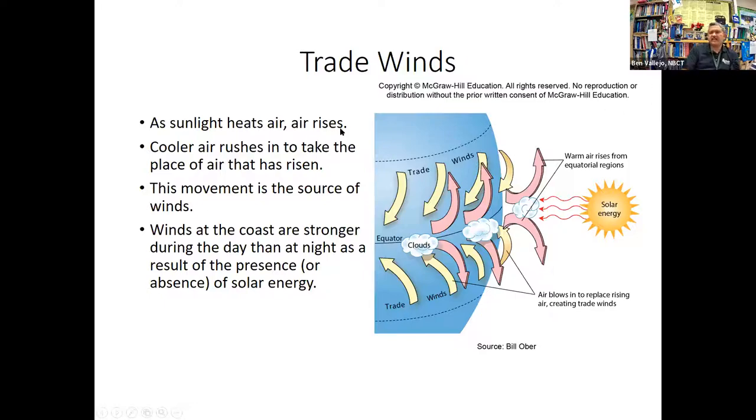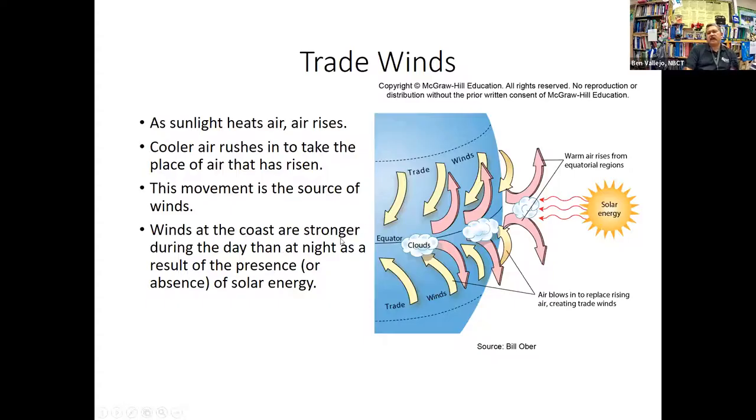As sunlight heats the air, it rises, and the cool air rushes in to take the place of the air that has risen. That's those yellow arrows right there. That circulation pattern of the air going up in the atmosphere and then down causes those winds.